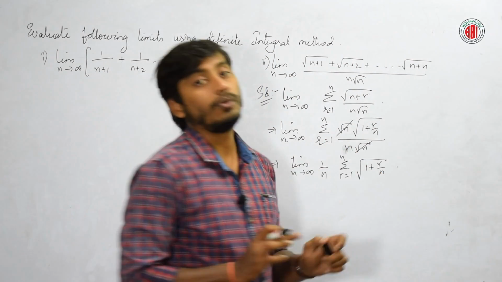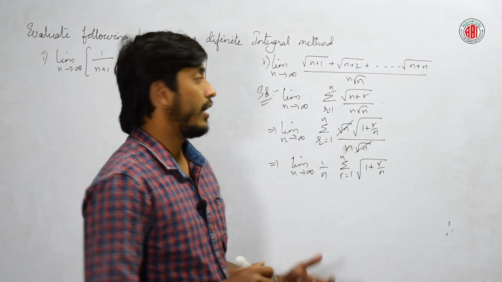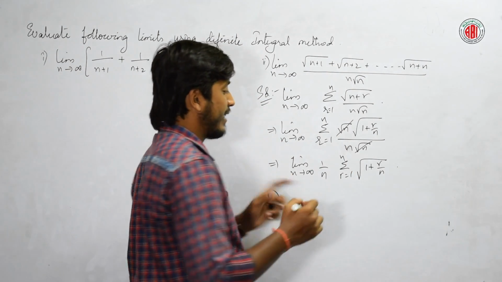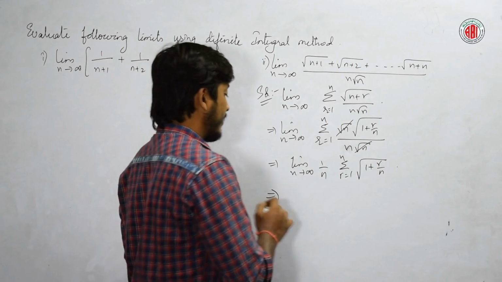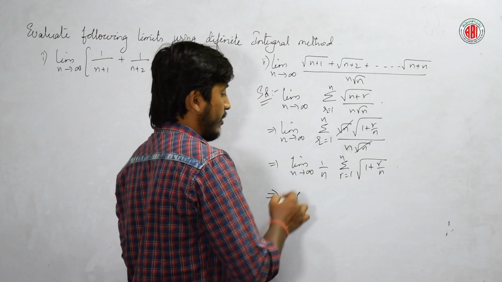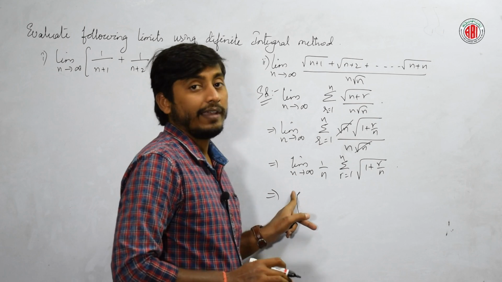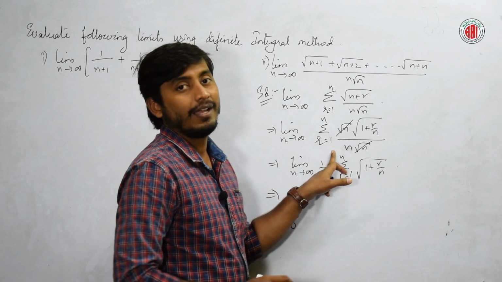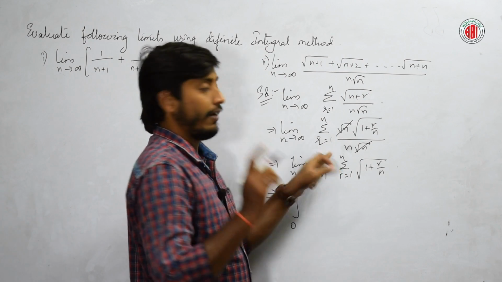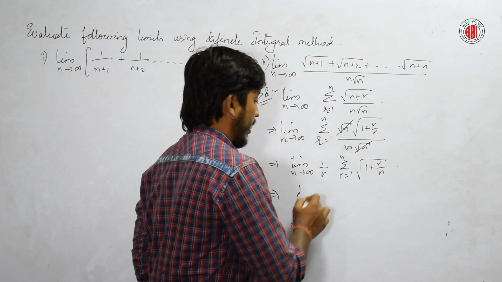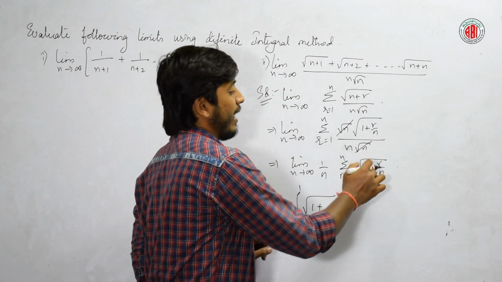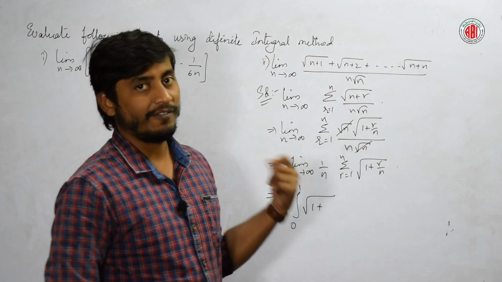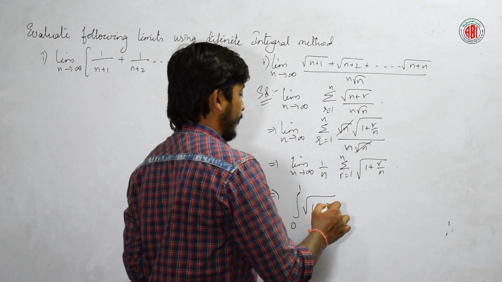Now we have to integrate from 0 to till where? Just check, here it is r is equal to 1 to n. So, what is the coefficient of n? 1. So, let us take it as 1. Root 1 plus r by n is always taken as x. Just remember that for all of the problems like this.